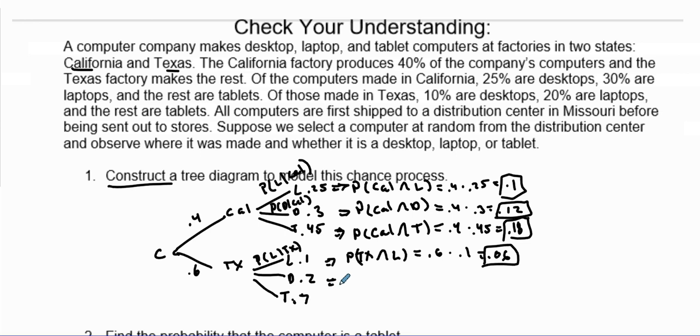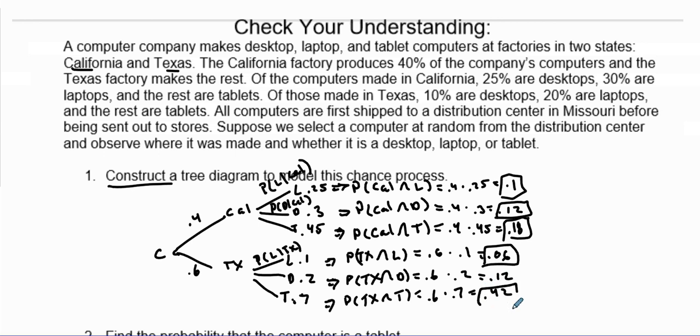Then for Texas and a desktop, 0.6 times 0.2, that's going to be 0.12. And finally, Texas and a tablet, 0.6 times 0.7, and what we have is 0.42.